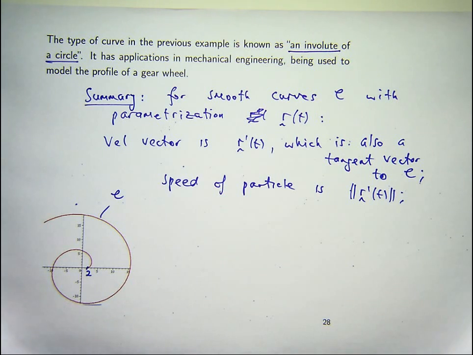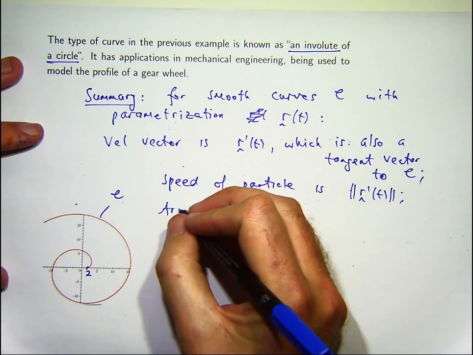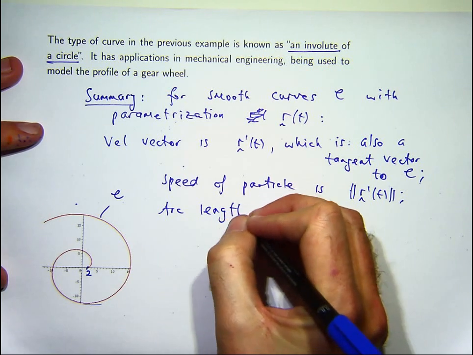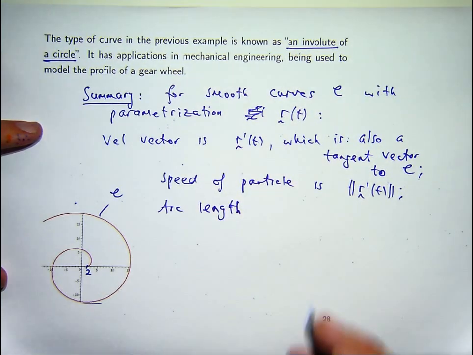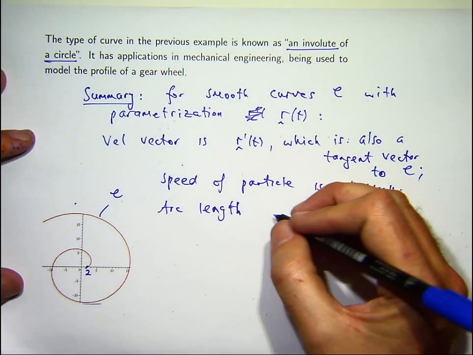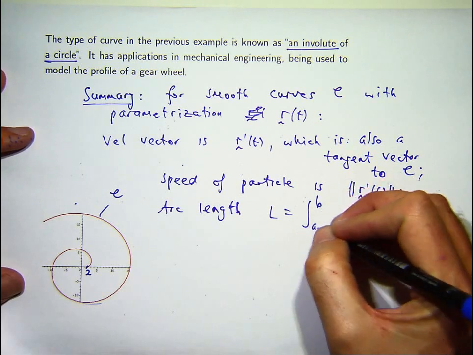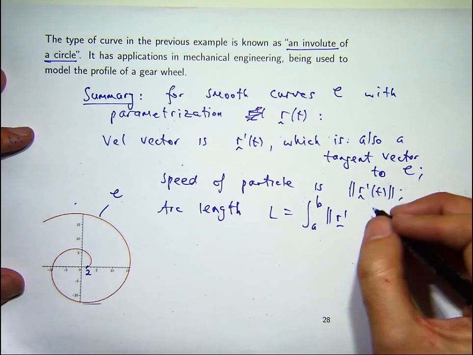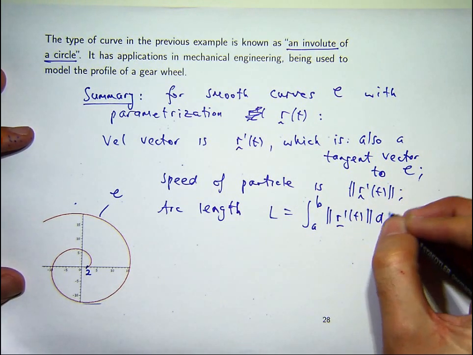And finally, the arc length for a curve traced out between, say, t equals a and t equals b, is just the integral of this speed function.